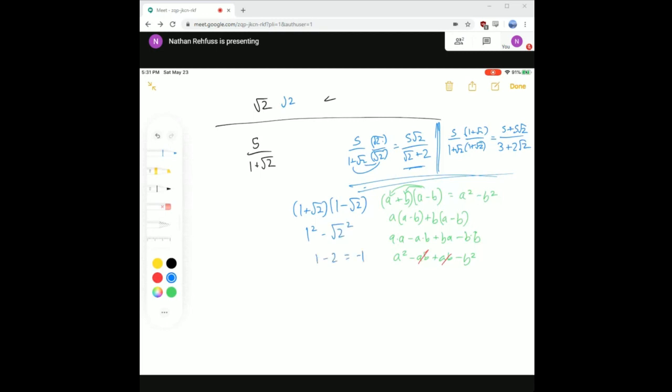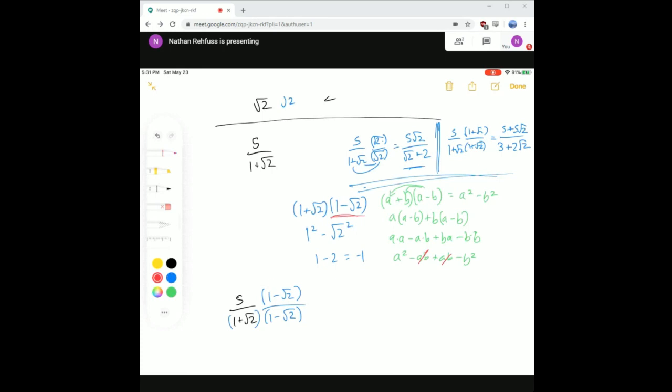And that's a number without any radicals in it. So I'm going to multiply by this thing to get rid of all the radicals. I'm going to take 5 over 1 plus root 2 and multiply by 1 minus root 2 over 1 minus root 2. And that difference of squares factorization is going to get rid of all my radicals.